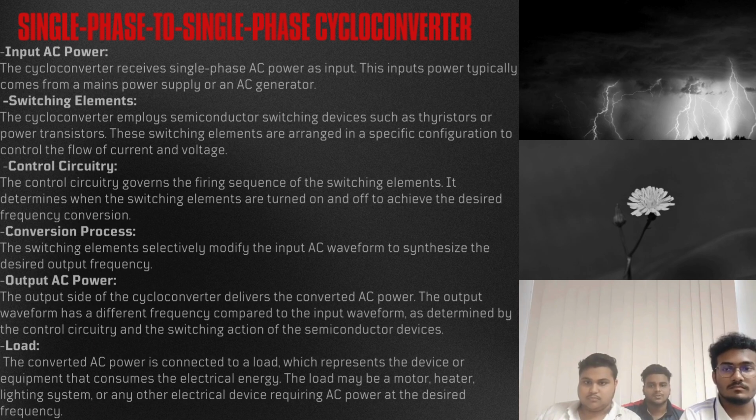For the conversion process, the switching elements selectively modify the input AC waveform to synthesize the desired output frequency. And for the output AC power, the output side of the cycloconverter delivers the converted AC power. The output waveform has a different frequency compared to the input waveform, as determined by the control circuitry and the switching action of the semiconductor devices.